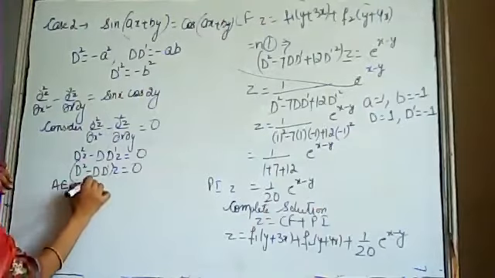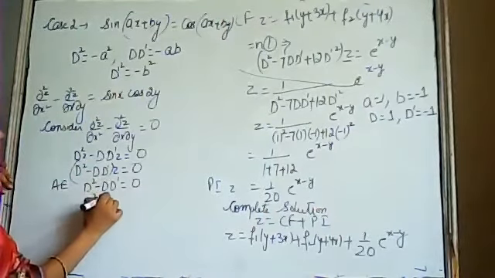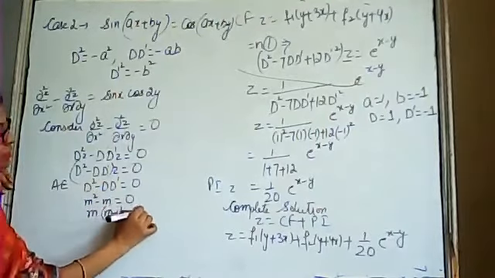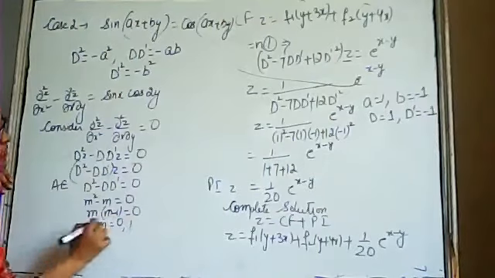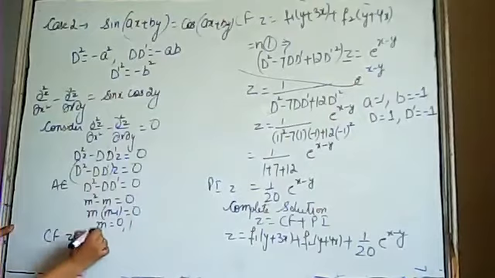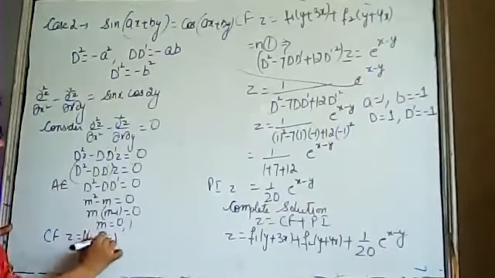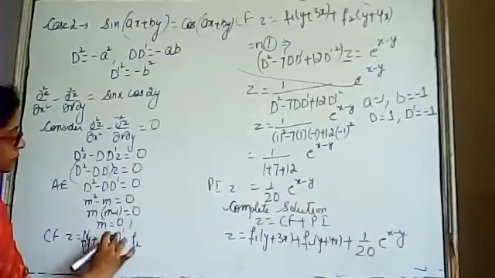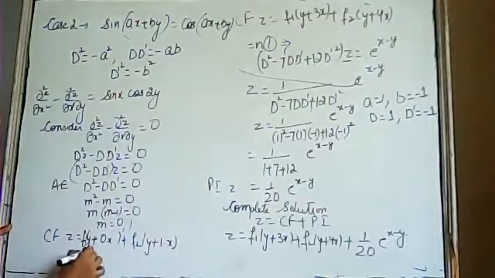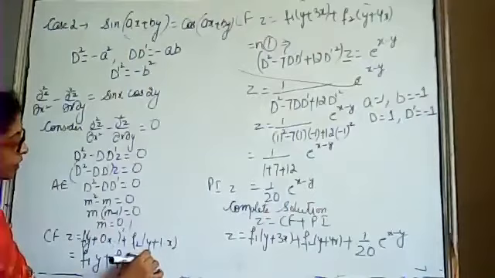Auxiliary equation will be D square minus D' is equal to 0, or m square minus m is equal to 0, which implies m into m minus 1 is 0, so either m is 0 or m is 1. So complementary function is f1 of y plus 0 into x plus f2 of y plus 1 into x, that is f1 of y plus f2 of y plus x.